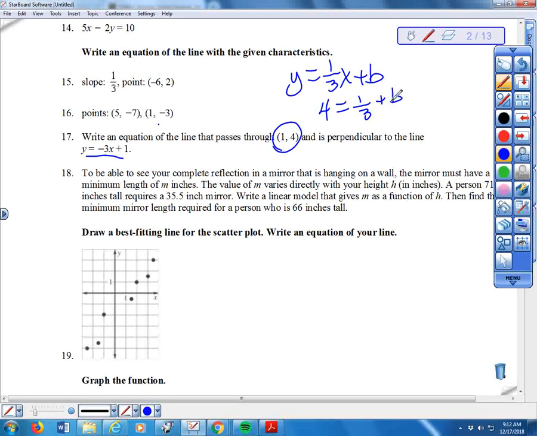When I subtract 1/3 from 4, 4 is 12/3 minus 1/3 is 11/3. So that's what b is. Questions on that one?